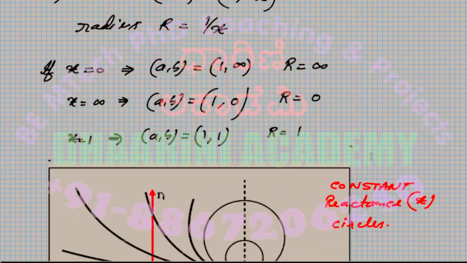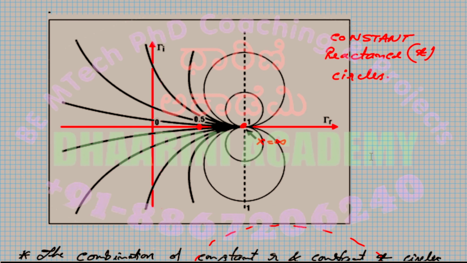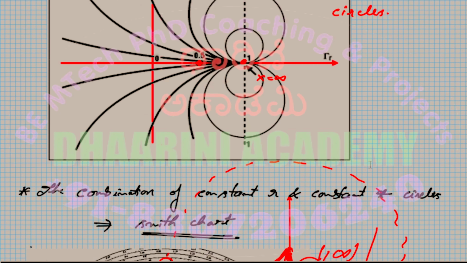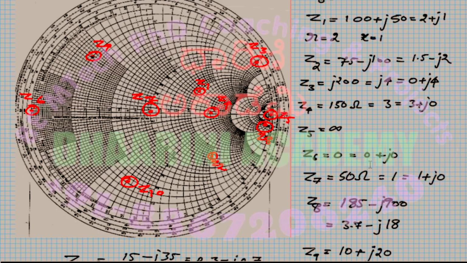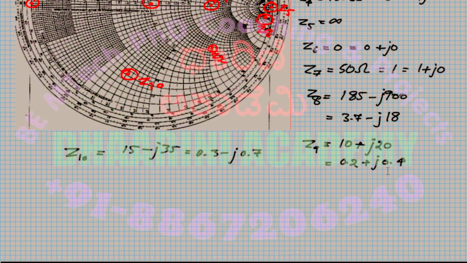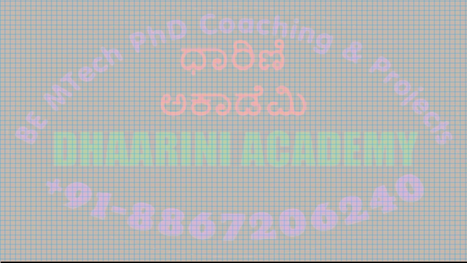The second set of circles are called the reactance circles. They represent the reactance of the load impedance. Then we tried to represent some of the points on the Smith chart. So today we'll start solving some of the problems based on the Smith chart.